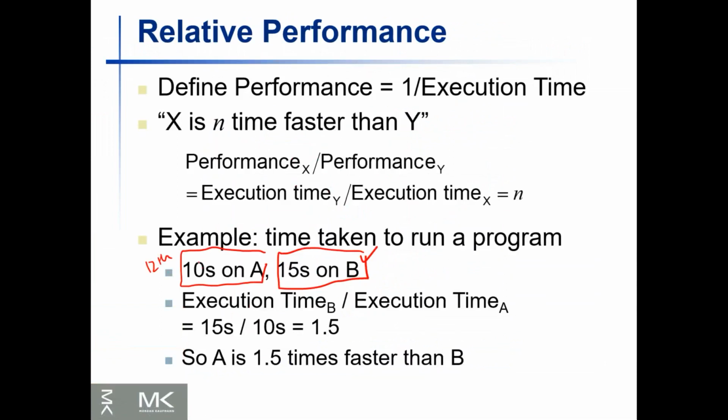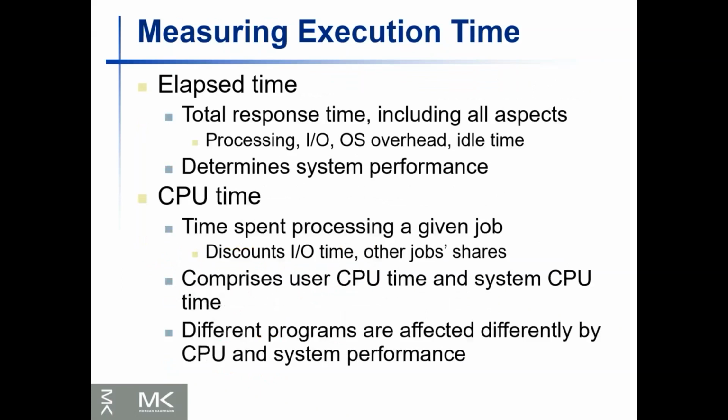So I say, okay, fine, let me run the same program there. And when running the same program, it just took me 10 seconds. So the older program runs at 15 seconds, the new one at 10 seconds, and the new chip is about 1.5. So the new processor is 1.5 times faster than my older processor. Just a simple example showing relative performance.